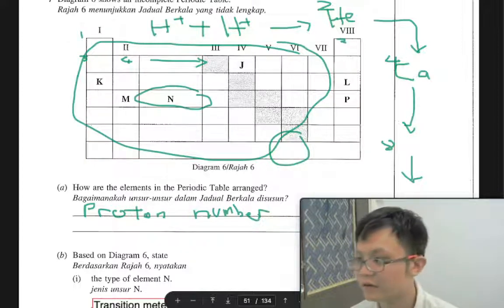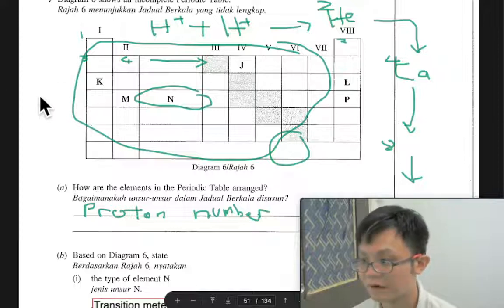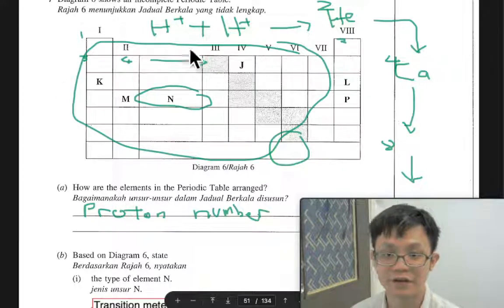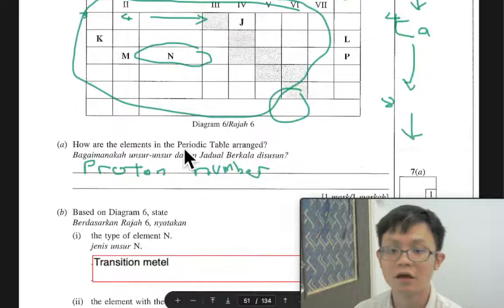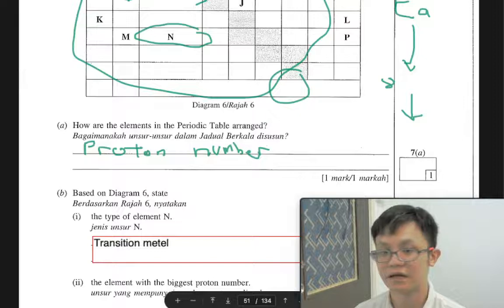Group 1 is called the alkali metals. Group 2 is the alkaline earth metals. And then in the middle we call them transition metals.